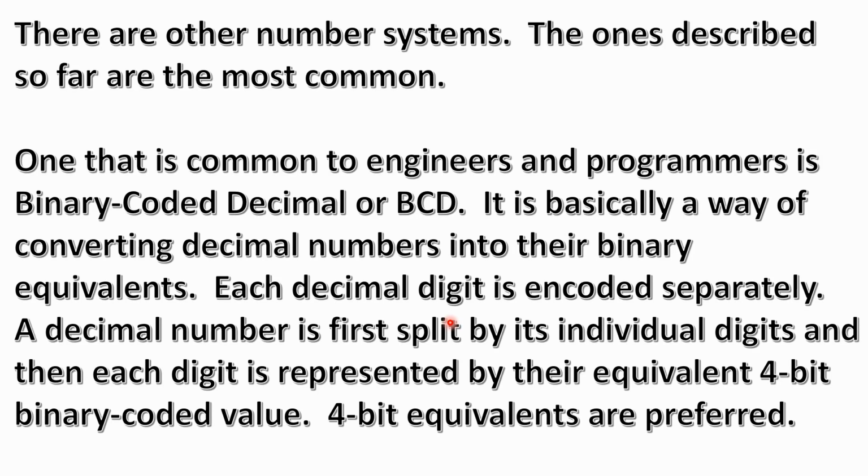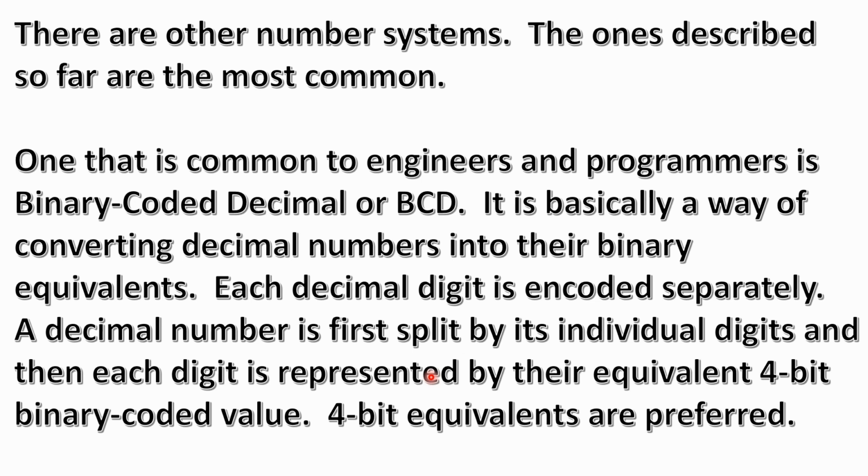There are some other number systems out there. The ones I've described are probably the most common. One that's common, at least to engineers and some programmers, would be what's known as binary coded decimal, or BCD. That's basically a way of converting decimal numbers over into their binary equivalent.